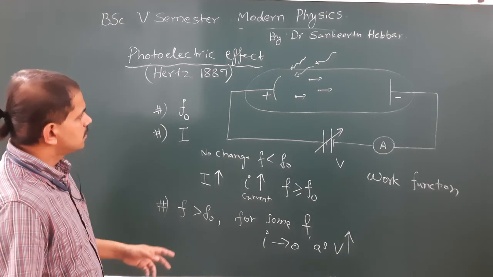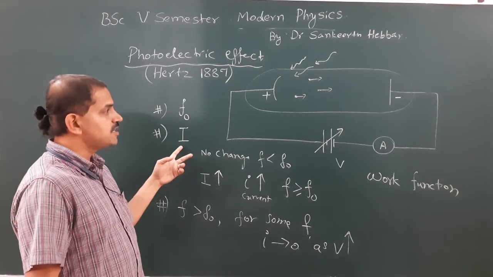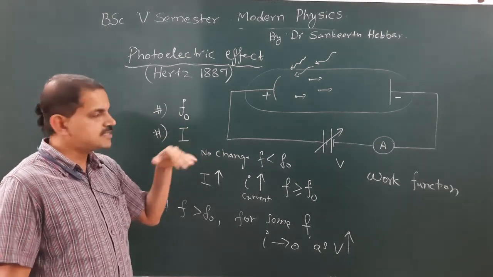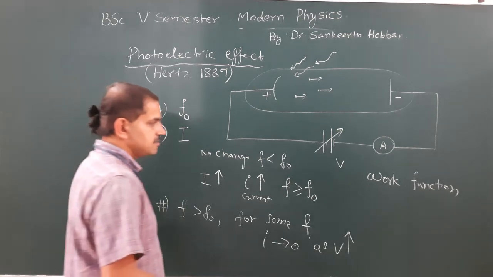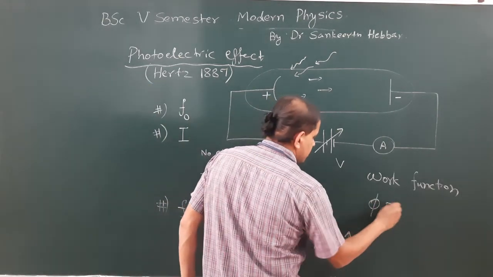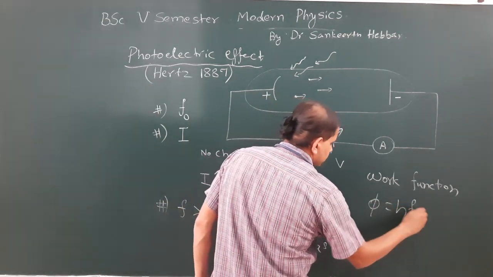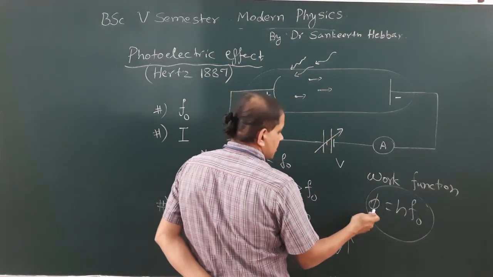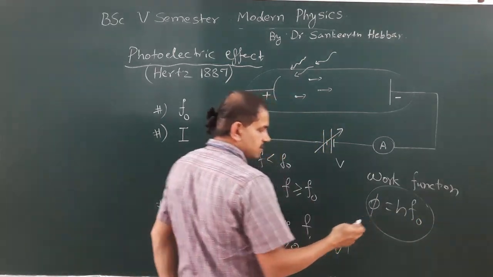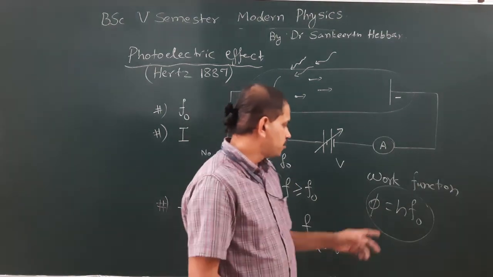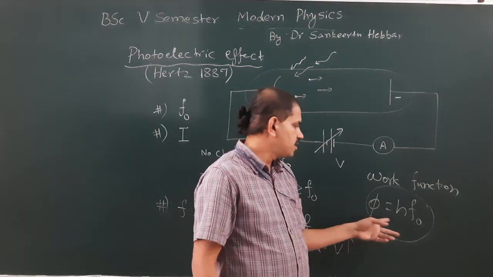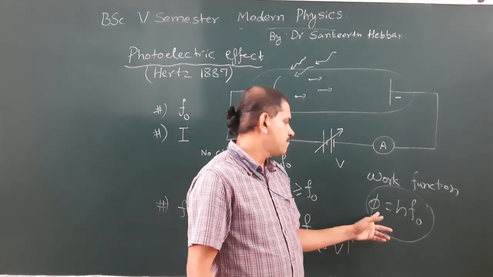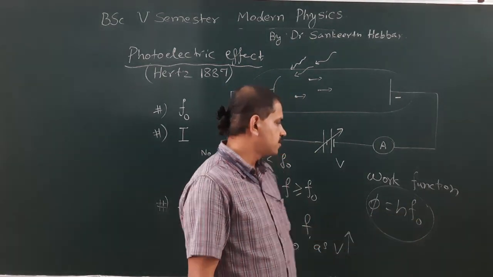Another thing: even if you increase the intensity, if the frequency is less than the work function, which we call phi, equal to hf naught or h nu naught, that is the energy required for the light to bring the electron out of the material. So phi is equal to hf naught.